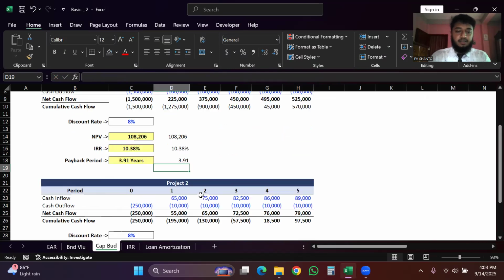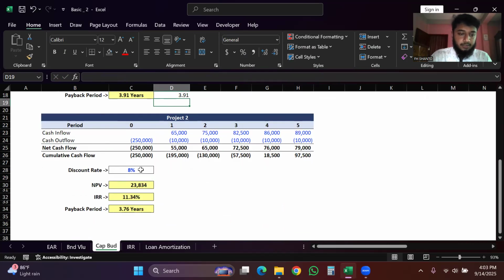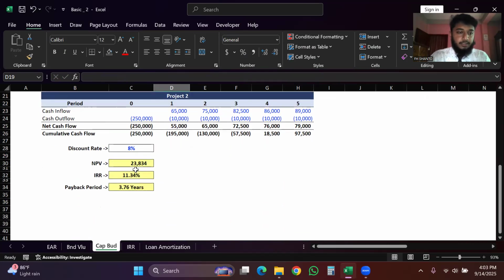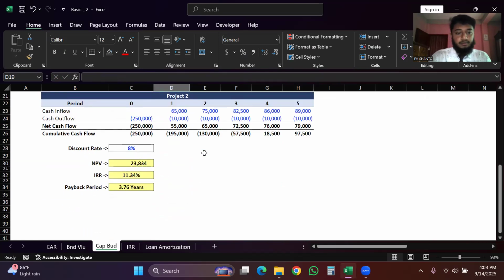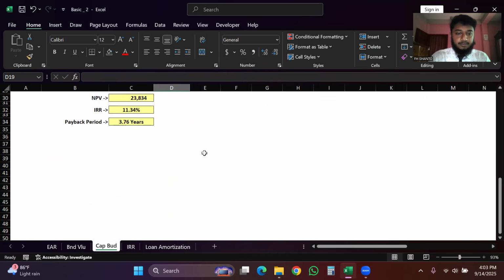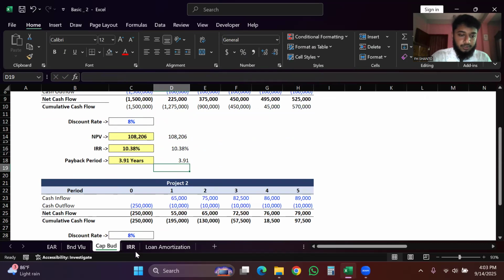After pressing enter, here is the actual value. You can see that it's quite easy. If you see project 2, the process is the same. So we can go to the next IRR calculation.